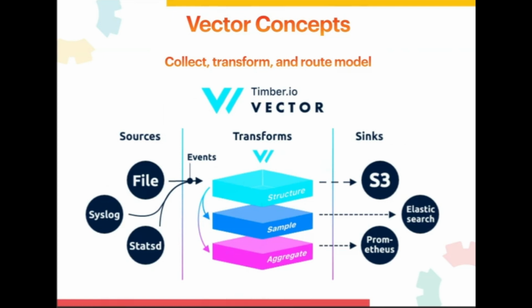When it comes to Vector, each log or metric is processed as an event, and then we can manipulate that data via transform, route, or separate flow on some condition, for example, based on the Kubernetes label or something that we can design. After transforms, we can sink it to a bunch of services, to mention some, like S3, Elasticsearch, Prometheus, and there are a bunch of them.